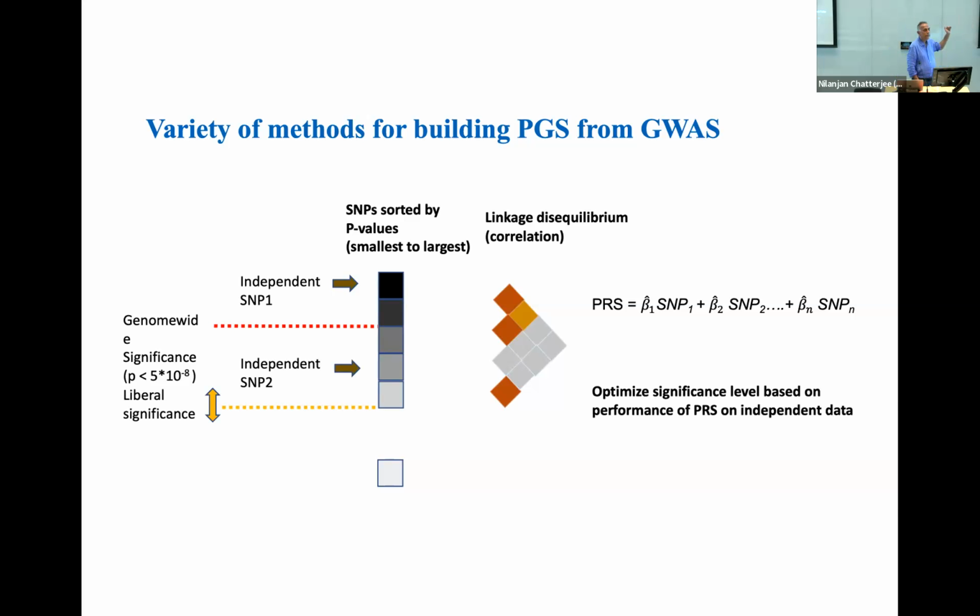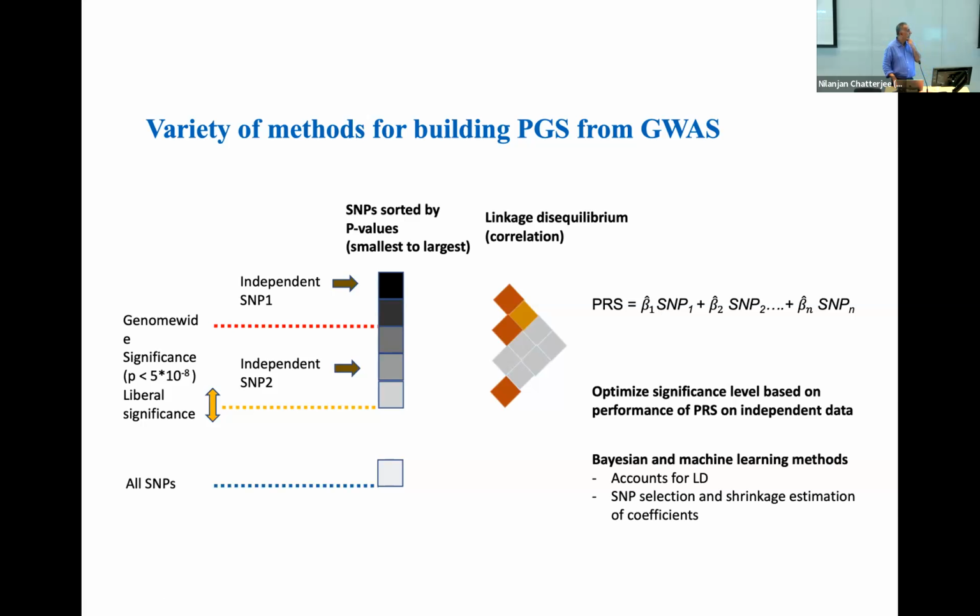We don't have to fix a particular threshold; we can vary it. For each threshold, we construct a polygenic risk score using the SNPs selected according to the threshold and their estimated coefficients from the same study. Then, with an independent data set, we can try out those PRS and see which gives the best PRS. That is the method called clumping and thresholding.